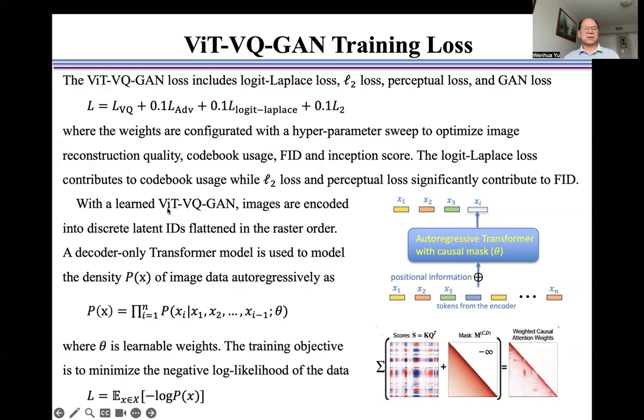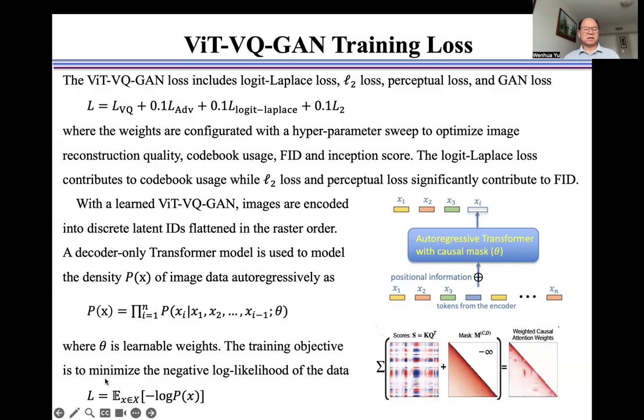With the learned ViT-VQ-GAN, images are encoded into discrete latent IDs flattened in the raster order. A decoder-only transformer model is used to model the density P of image data autoregressively, as shown here, where theta is the learnable weight.